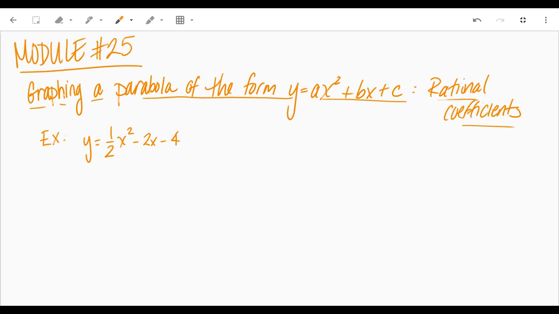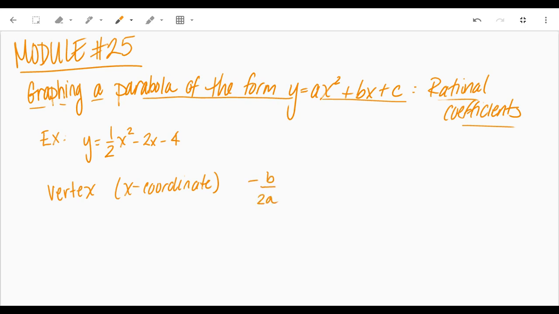There are really two ways to go about it. I'll show you both. The way that might be preferable is if you remember that you can find the x-coordinate of the vertex by doing the opposite of b over 2a.